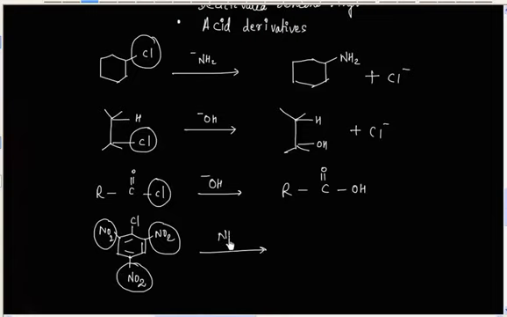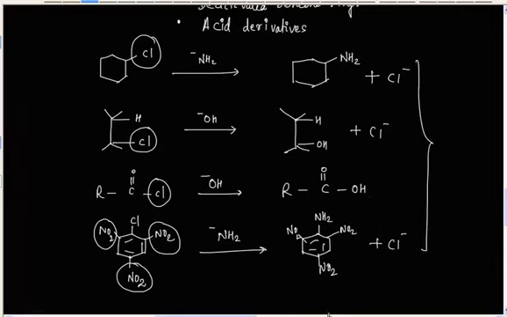Now this compound is treated with NH2 minus. So this gives this product. So in this case Cl minus is replaced by NH2 minus. So this is again a substitution reaction. So these are examples of substitution reaction.